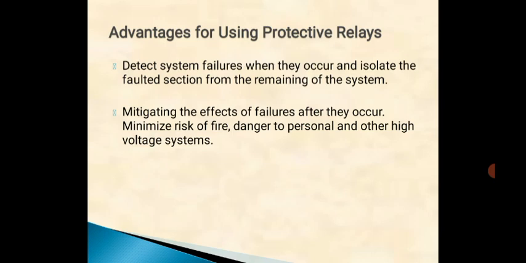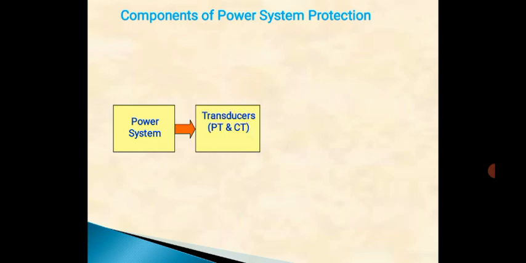So we have to isolate that particular faulty section to maintain the continuity of supply to the remaining sections. That is the main use of protective relays. Next one, we minimize the risk of fire and danger to personnel. This is the main advantage of using protective relays.